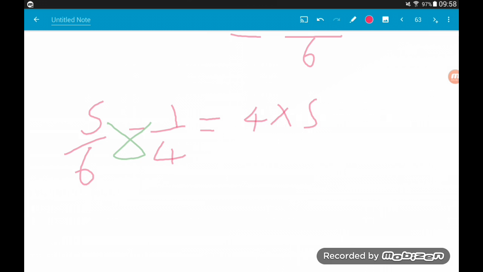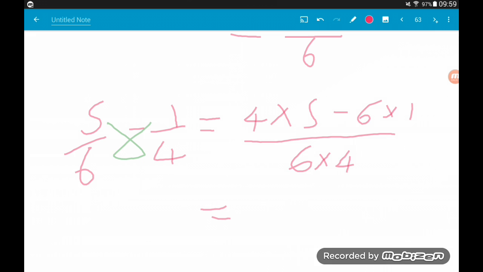It's very important that you do it in this order when you have a subtraction. It doesn't matter so much when you're adding, but it does when you're subtracting, so you might as well always do it this way. Then we've got our minus sign. Bottom of the first times top of the second, 6 times 1. And then the two denominators multiplied together, 6 times 4.